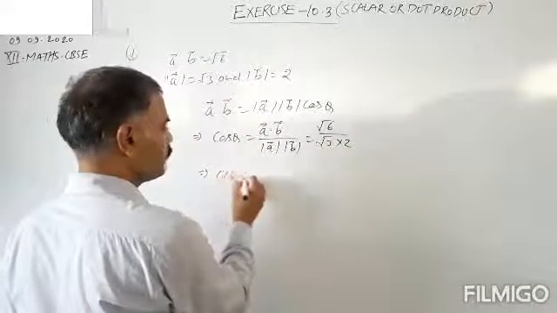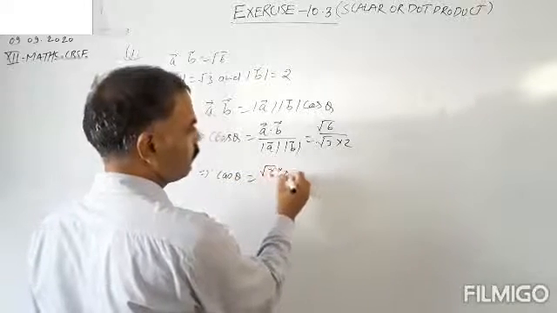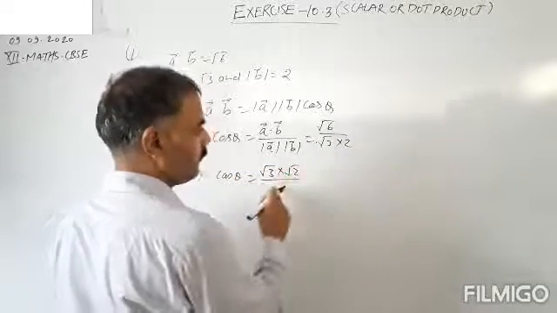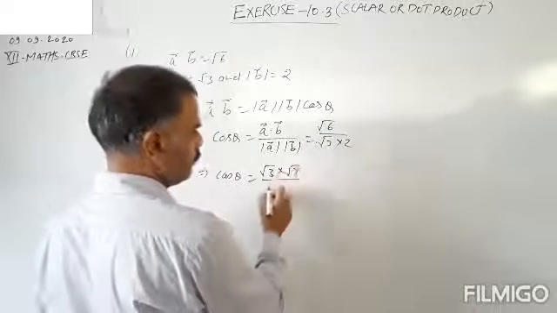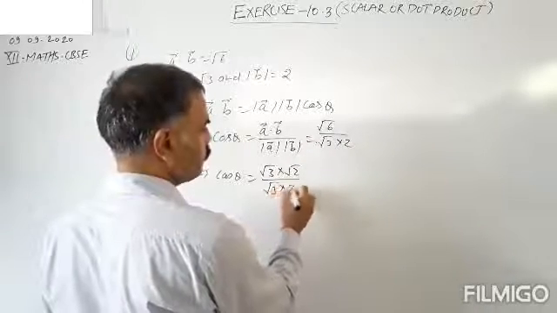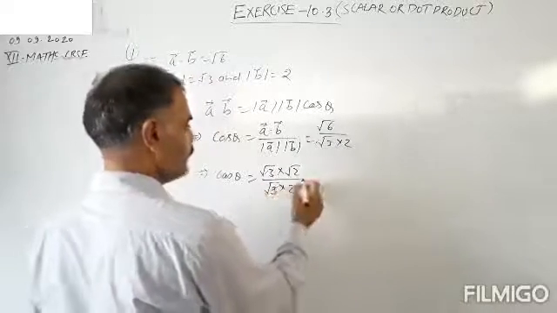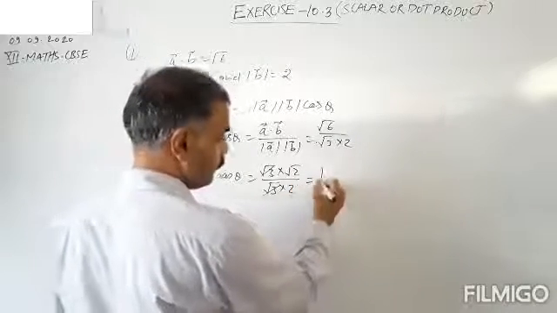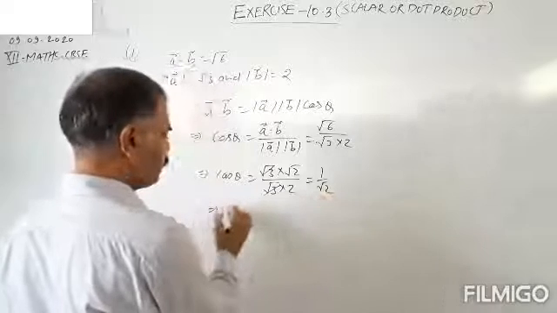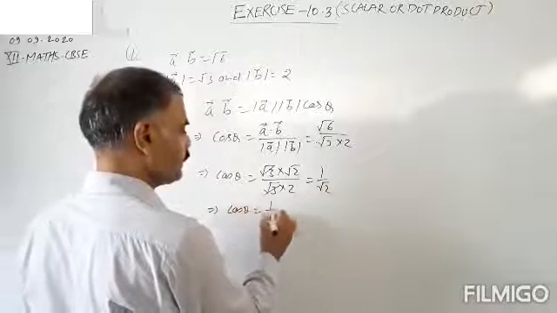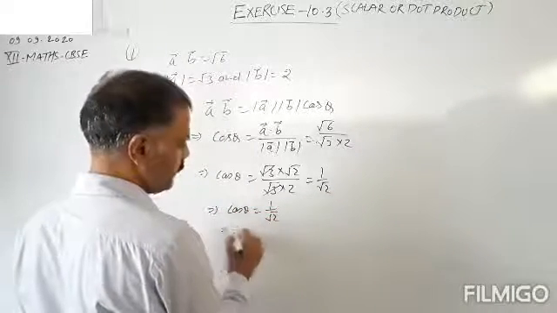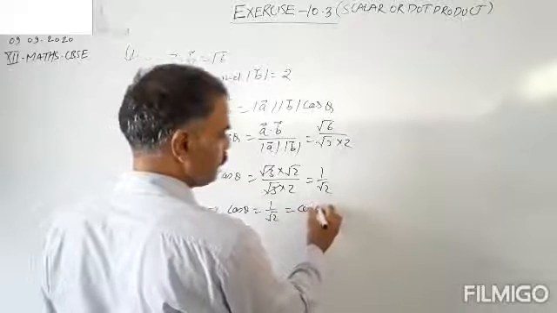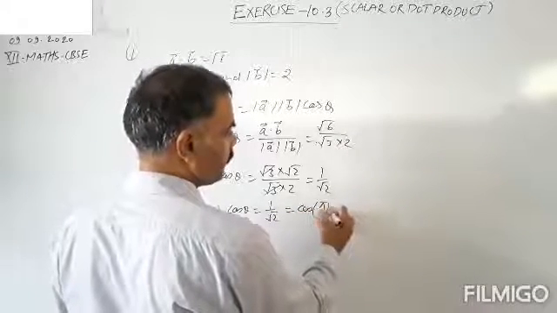So cos theta is equal to under root 6 upon under root 3 into 2. Under root 6 can be written as under root 3 into under root 2, upon under root 3 into 2. Under root 3 will cancel under root 3, and under root 2 will cancel to 1 by under root 2. Okay, so cos theta is equal to 1 by under root 2. This implies cos 45 degree or pi upon 4.